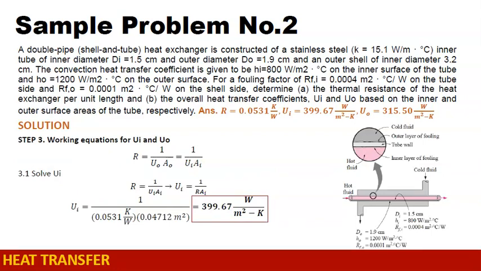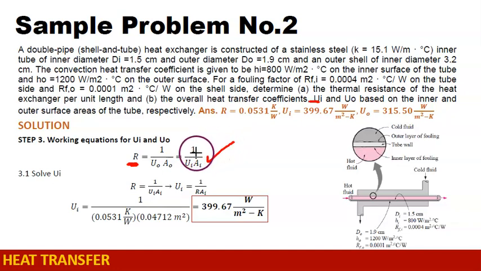It is related in the equation that we also saw in our working equations, and this time, since we are to solve the overall heat transfer coefficients based on the inner and outer surface area, we will equate the value of R, which is the same for inside and outside, as given in this particular equation.